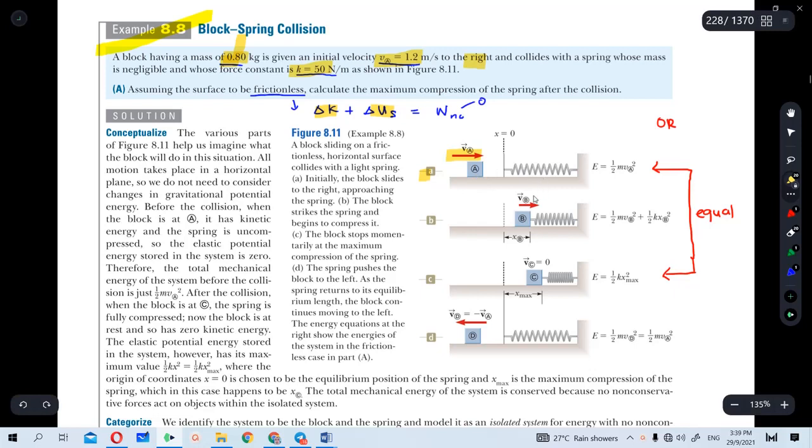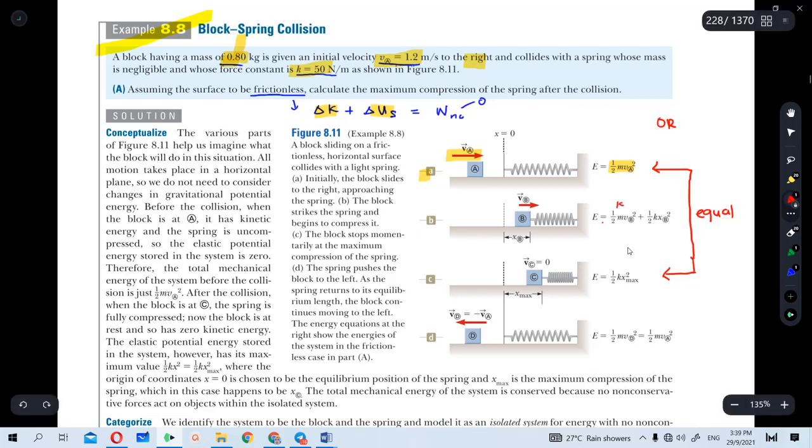The moment it hits, the energy at this position is jotted down as half the mass of the block times its speed squared. When it is halfway through compression, the energy is a mixture of kinetic plus potential energy of the spring.